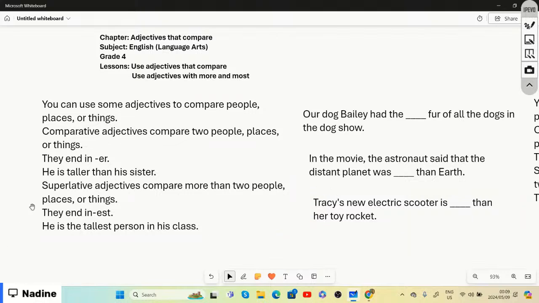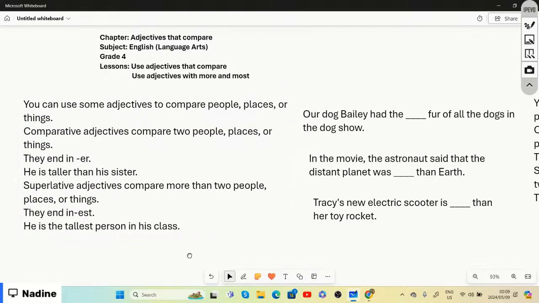So when we compare people, places or things with adjectives that compare, we have comparative adjectives and we have superlative adjectives.